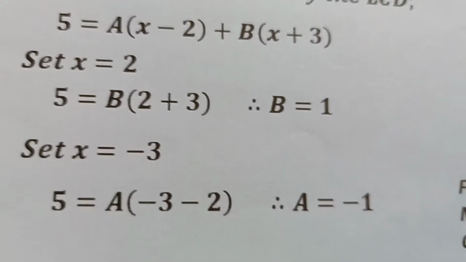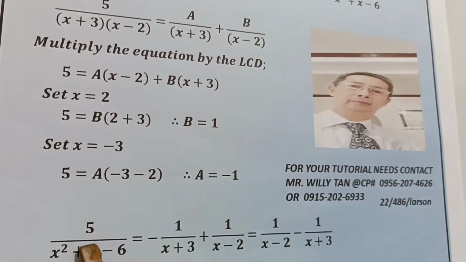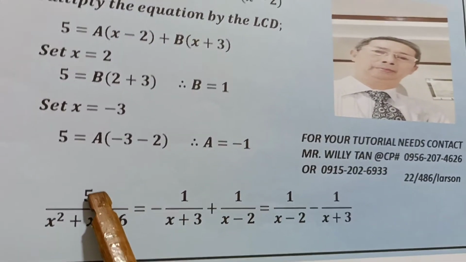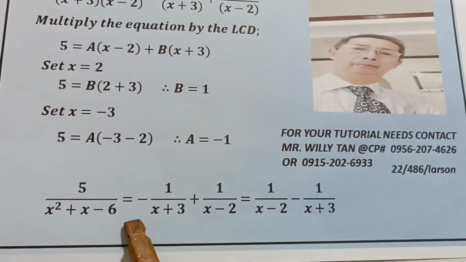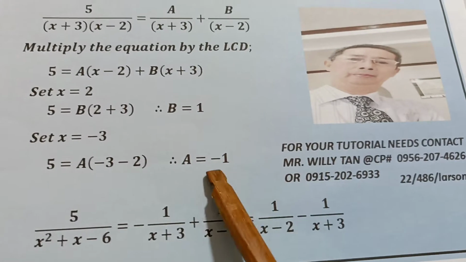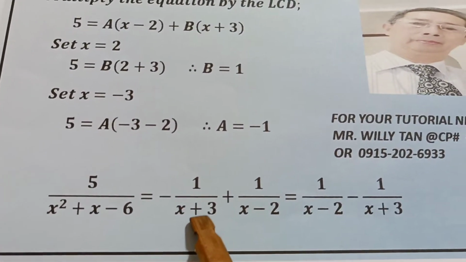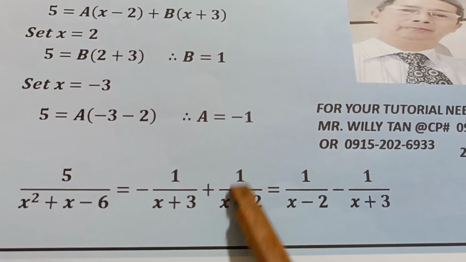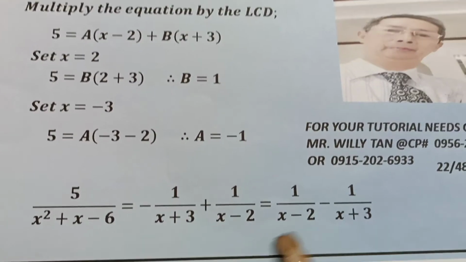So the partial fraction decomposition of 5 over x squared plus x minus 6 is equal to, the value of a is negative 1 over x plus 3, and the value of b is equal to 1 over x minus 2.